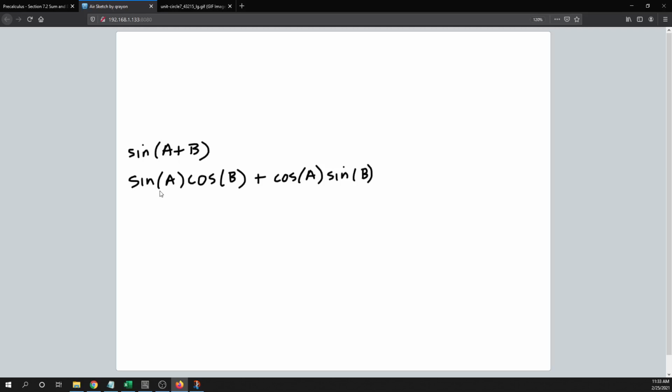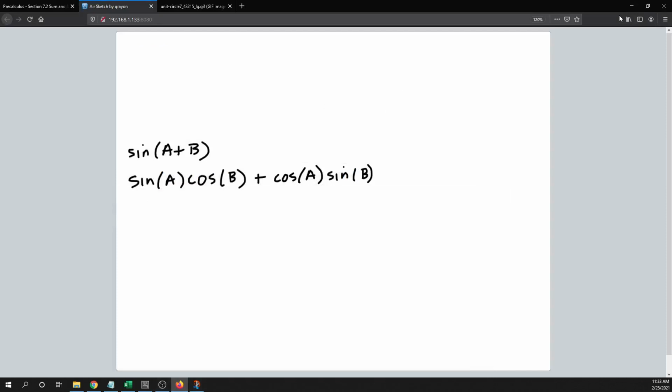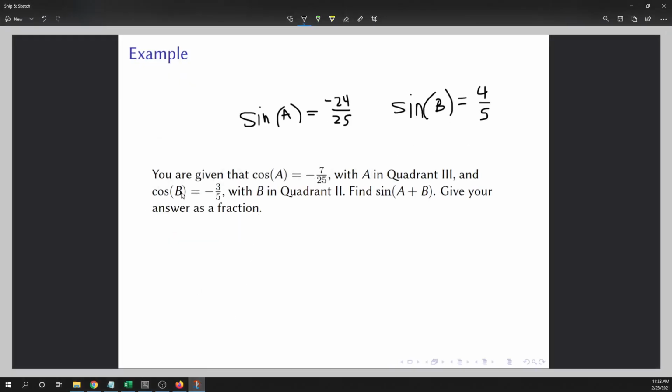All right, and now we know what all of these values are. We know that sine of A is negative 24/25. We calculated that earlier. We know that cosine of B was given to us as negative 3/5.